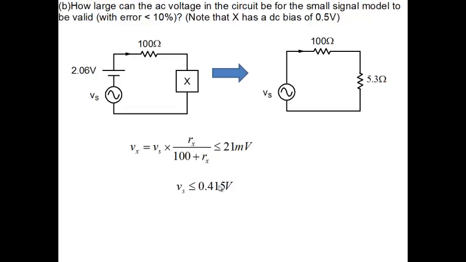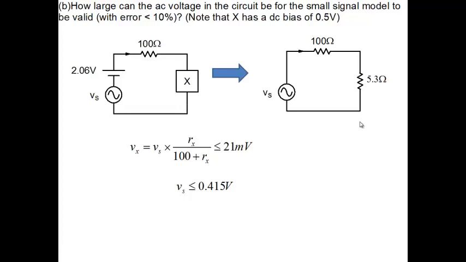So when I'm doing a small signal analysis of this circuit and I give you a value of Vs which is 300 millivolt, you may say 300 millivolt is not small. Indeed, it's not small, but it will result in an effective voltage across my element X that is small enough to apply a small signal model.